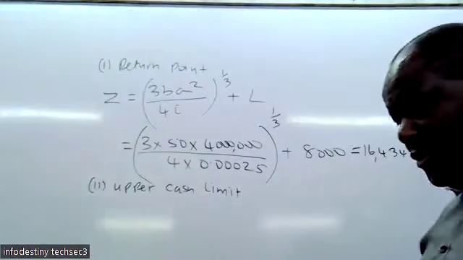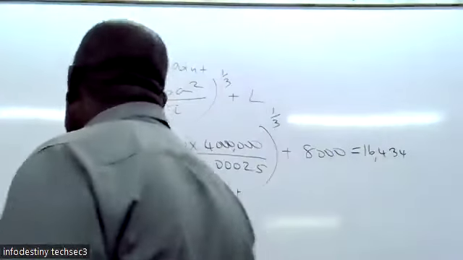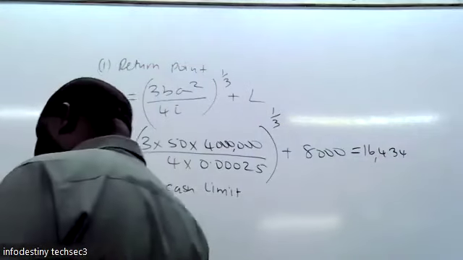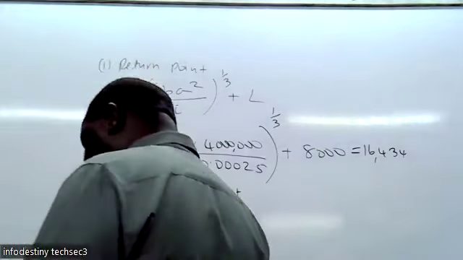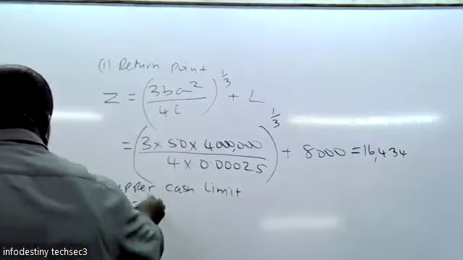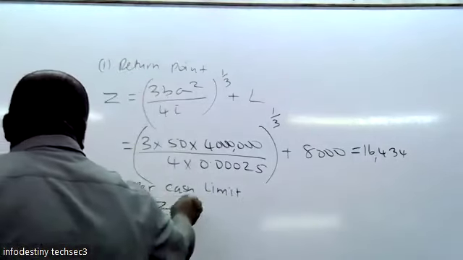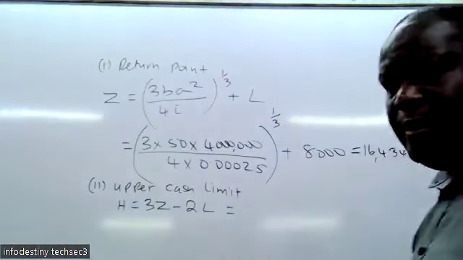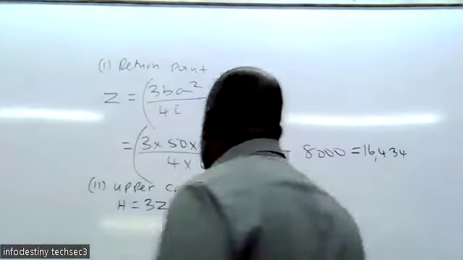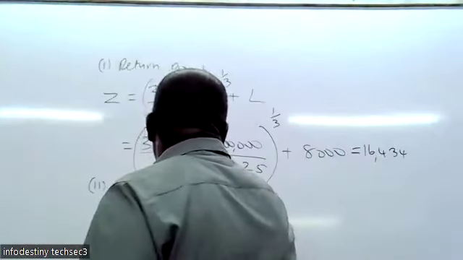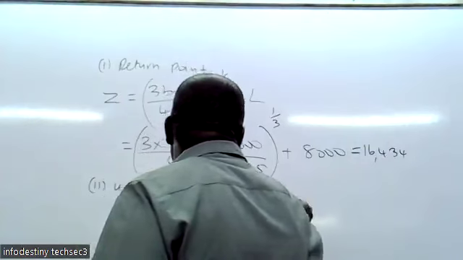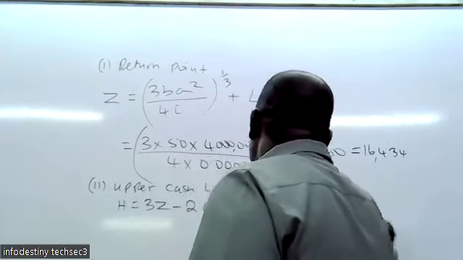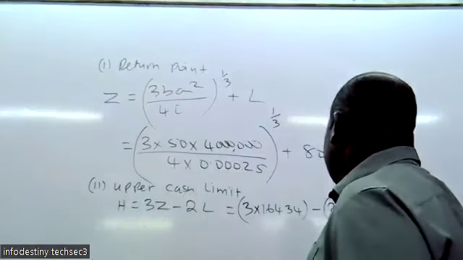So upper cash limit, remember, it is the same as H. So H is supposed to be given by 3Z minus 2L. So Z is 16,434, and we subtract 2L. So L is 8,000.